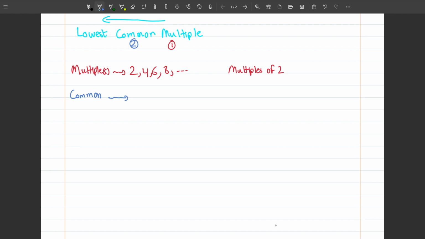Let us give another example other than 2. Let us talk about maybe 12. So 12 multiplied by 1 is 12, 12 multiplied by 2 is 24, and then 36, and then 48, and so on. So these are the multiples of 12.